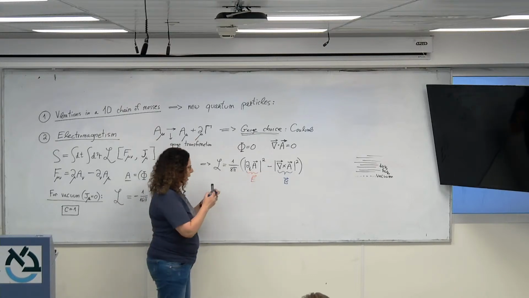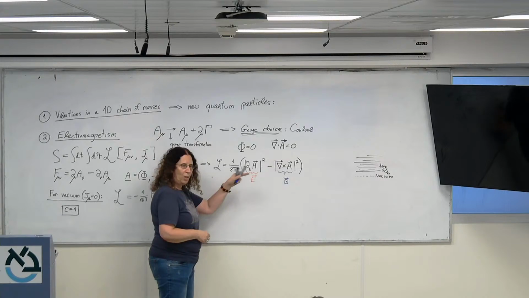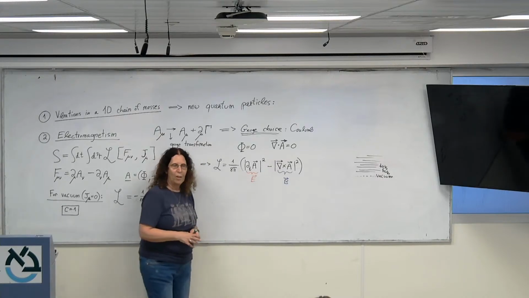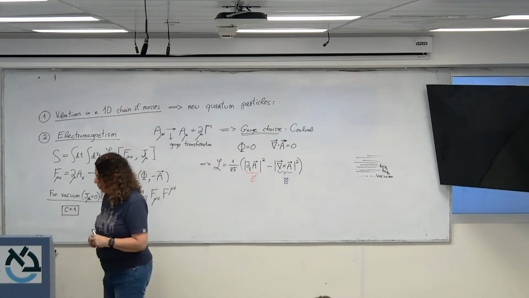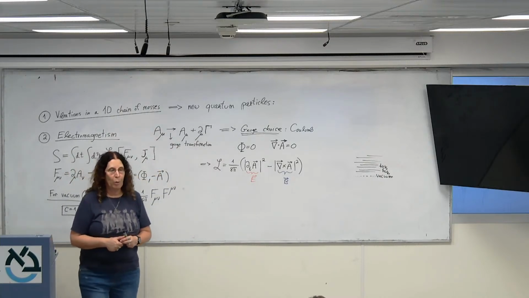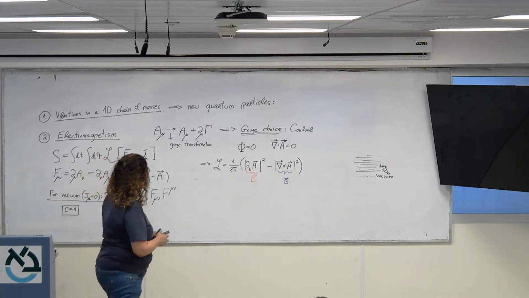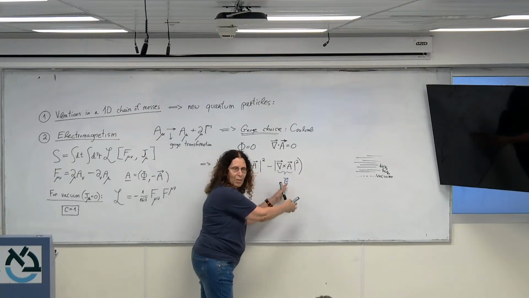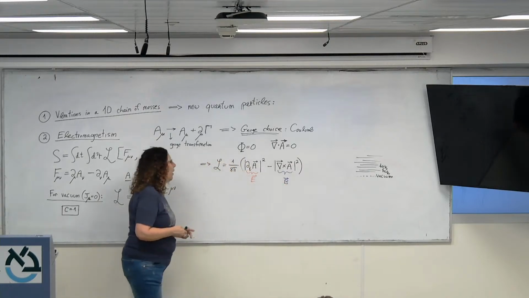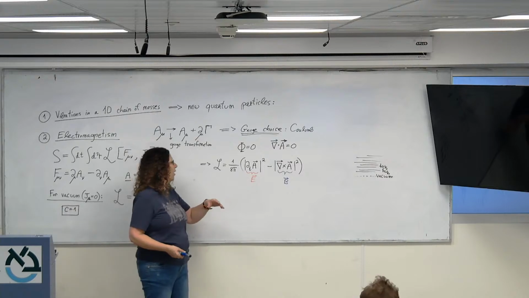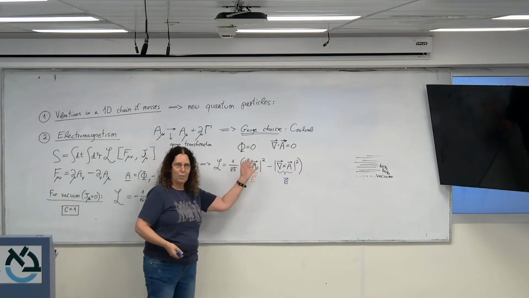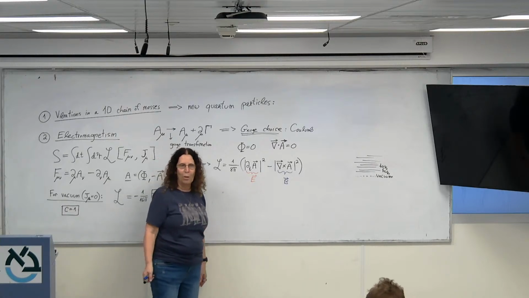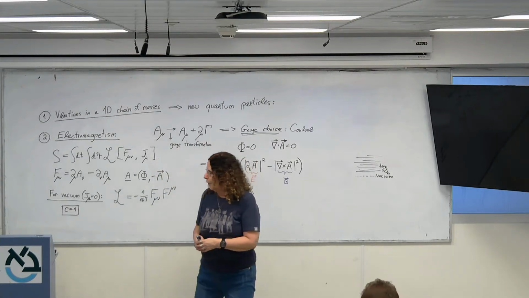If we convert it from a Lagrangian to a Hamiltonian by the Legendre transform, it looks very much like kinetic energy minus potential energy. The Hamiltonian will be kinetic plus potential energy, so it's just E squared plus B squared, which you know is the Hamiltonian of the electromagnetic field.